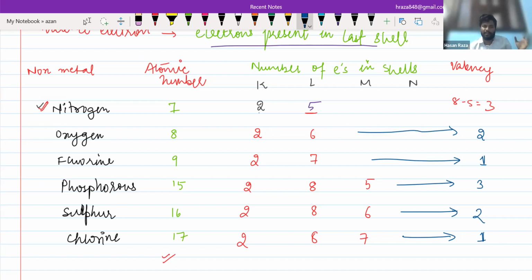That means they are very less reactive, or not reactive, you can say. But in metals and non-metals, the electrons present in the last shell are not completely filled. In order to get stability, either they will lose electrons or gain electrons, or they can share electrons. This sharing of electrons we will study in the 5th chapter of chemistry, that is carbon and its compounds. But here we are going to study about ionic compounds.